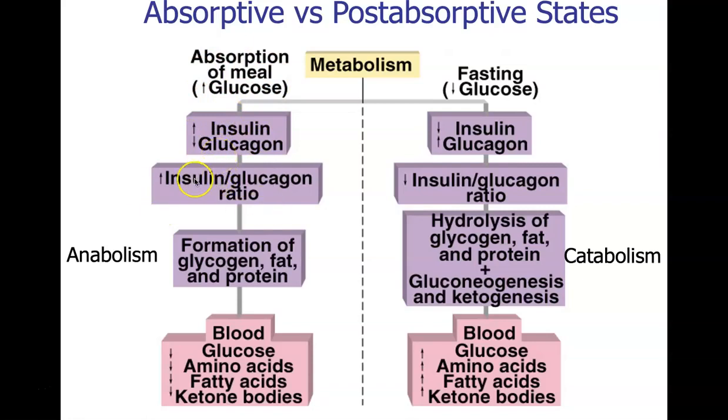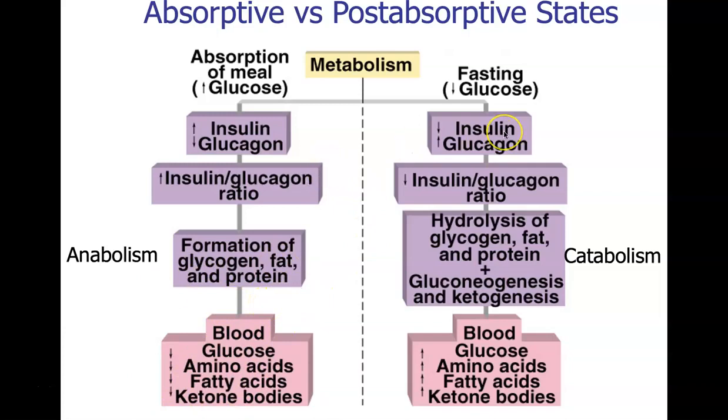So you have an increased insulin to glucagon ratio. And then in the absorptive state, we generally have anabolism. So when you have excess glucose, you're going to start forming things, forming glycogen, forming fat, forming protein, building molecules. You get decreased blood glucose after this happens, decreased amino acids, decreased fatty acids, and ketone bodies. All of these monomers and these smaller things are being turned into these bigger products.